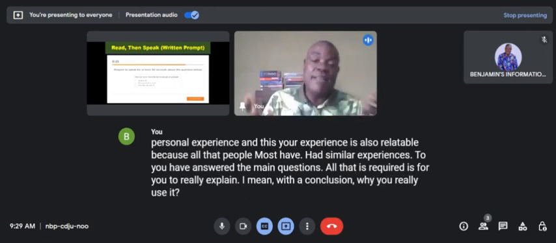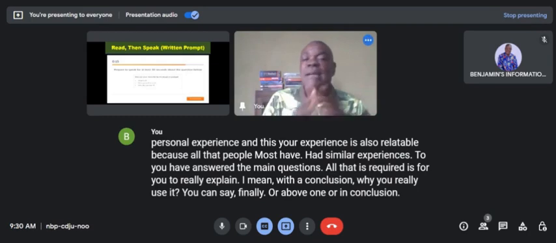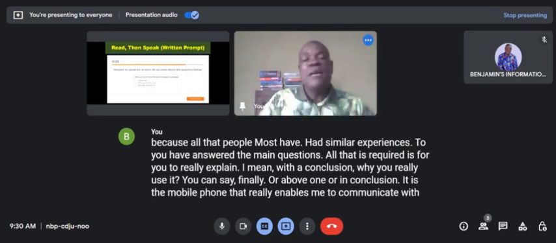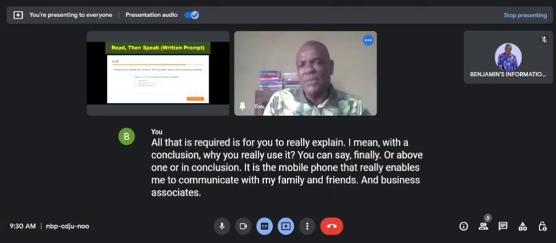You can say finally, or above all, or in conclusion. It is the mobile phone that really enables me to communicate with my family and friends and business associates. See, you have spoken about that topic. That is all that is required.